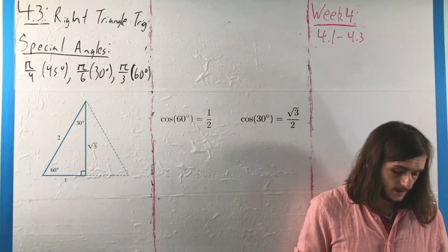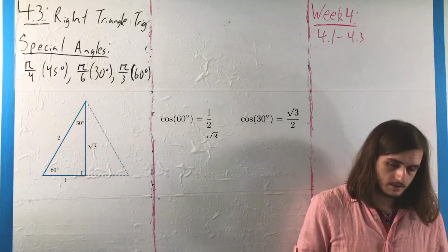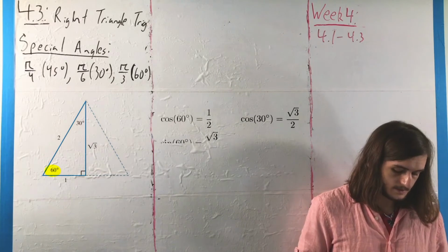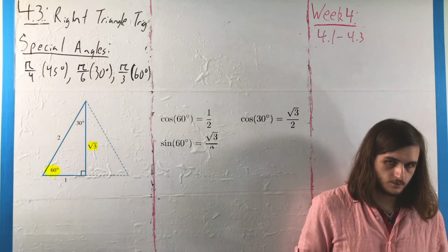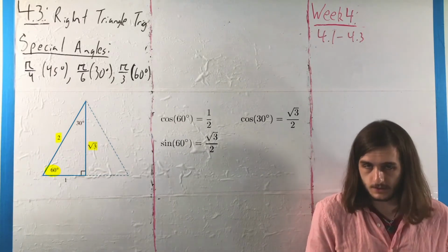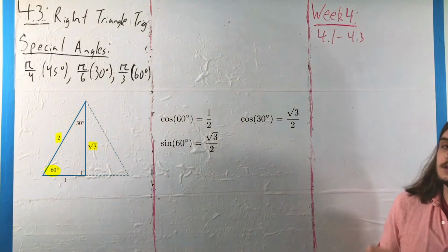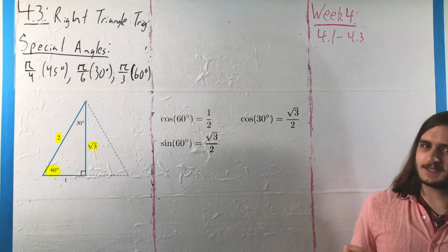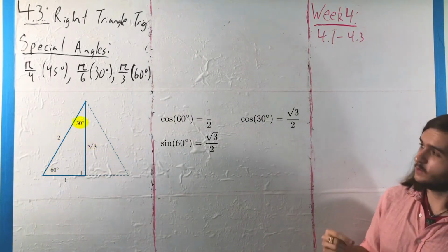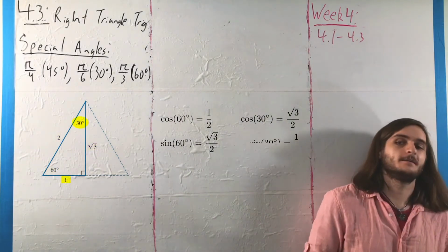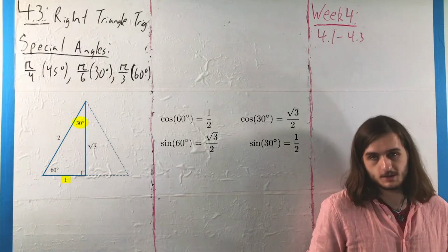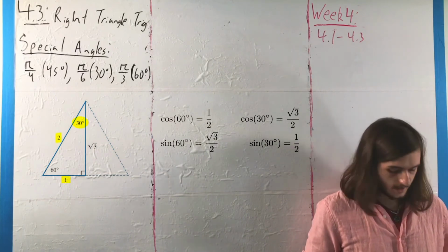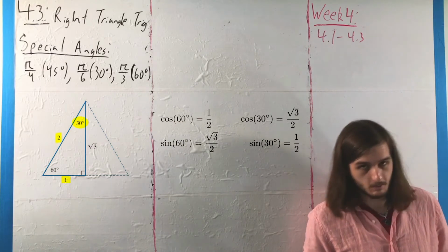Then for sine, at 60 degrees, the side opposite would be root 3 over the hypotenuse of 2, while the side opposite of 30 degrees would have length 1 divided by hypotenuse length 2. So sine of 30 degrees would be 1/2.